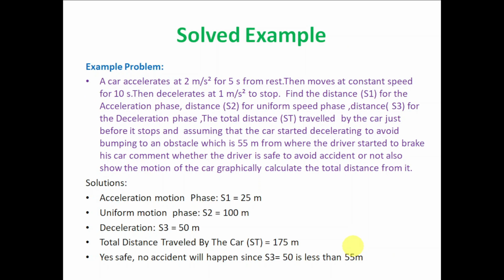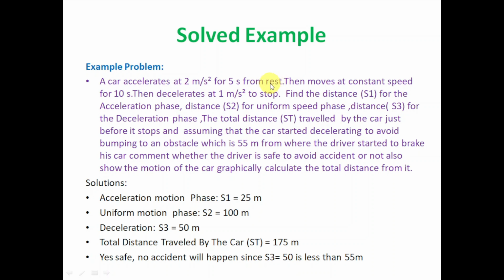Then the next thing is we are going to solve a problem which covers all the formulas that we stated in the chapter. Our example problem says: a car accelerates at 2 meters per second square for 5 seconds from rest.